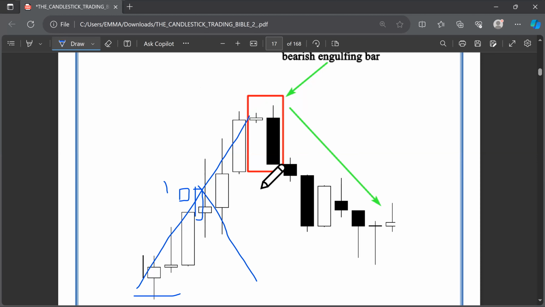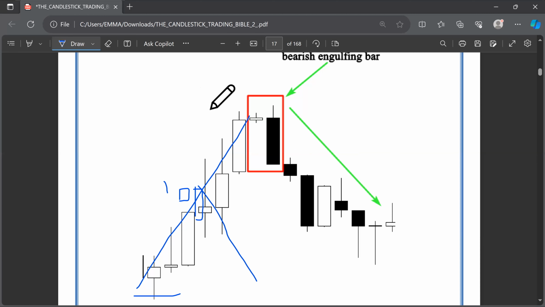Then someone may ask, how will you know that this is the top of a trend or the end of an uptrend? Someone who already has foreknowledge about candlestick patterns may even comment and ask, how will you know that this is the top or the end of an uptrend or the end of a downtrend or the beginning of an uptrend or whatever?